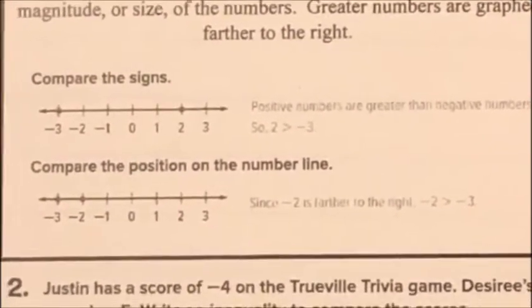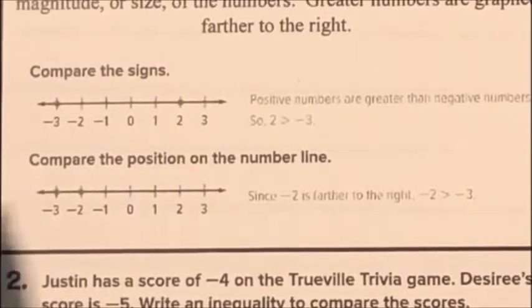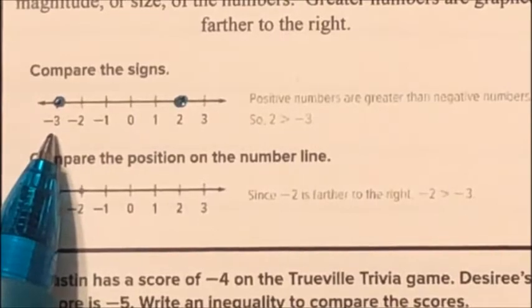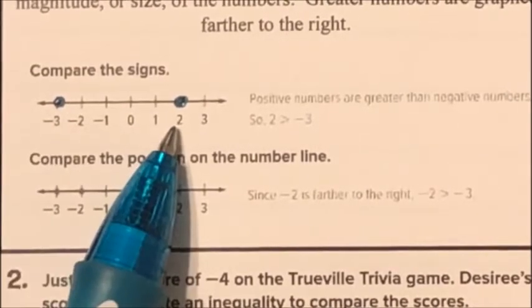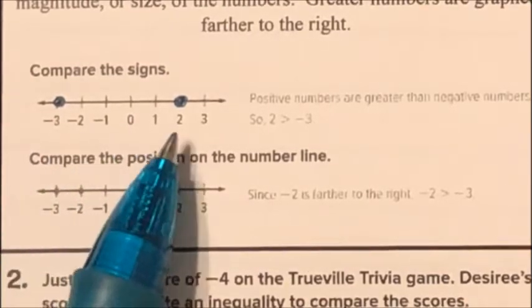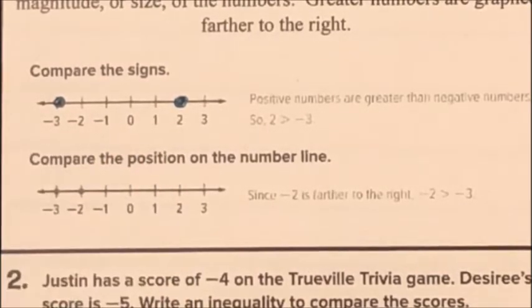So, for example, I can compare the signs. I have -3 and 2. Okay? -3 is going to be smaller than 2 because it's further to the left. So 2 is bigger than -3.